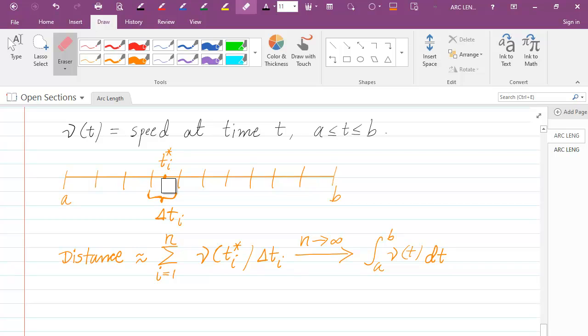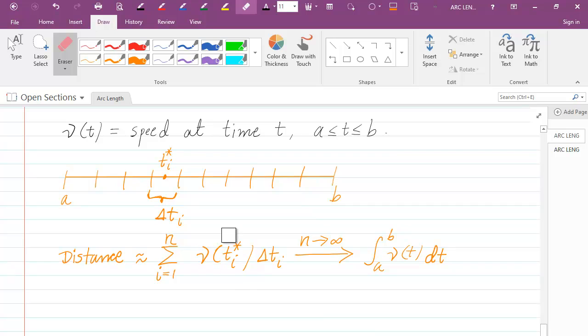Now, since the subperiod is tiny, even though speed may not be a constant function, we can assume that the speed is almost constant over this period. So if I pick a time t_i star in this period, then the speed at this time is the average speed over this tiny period.